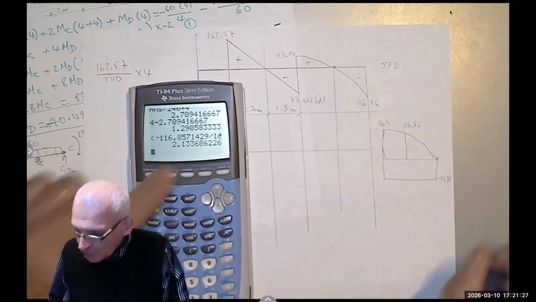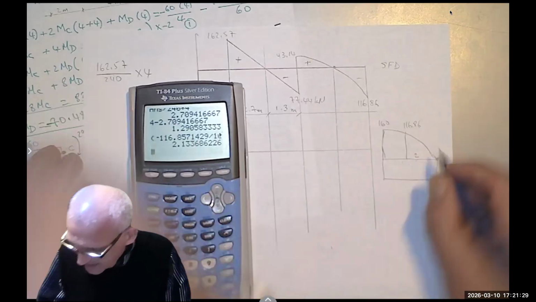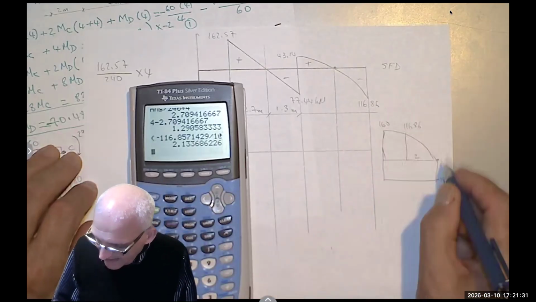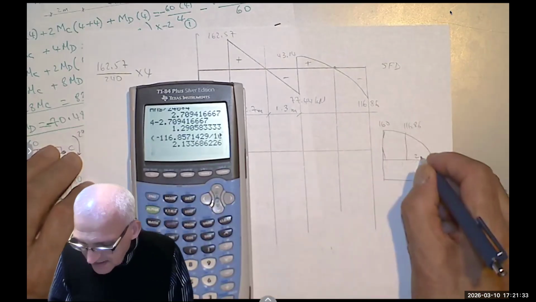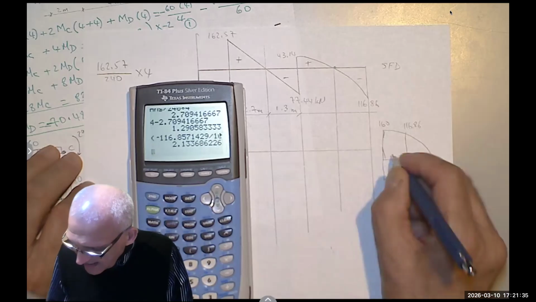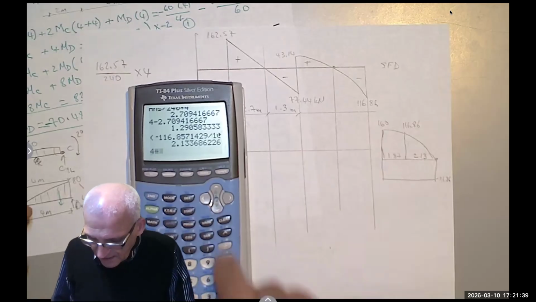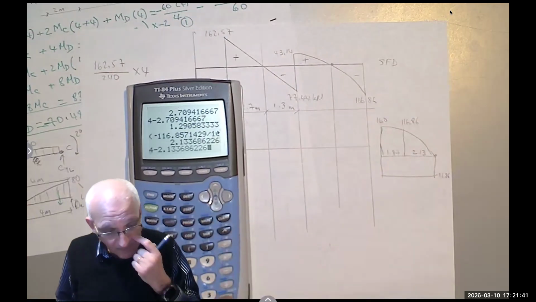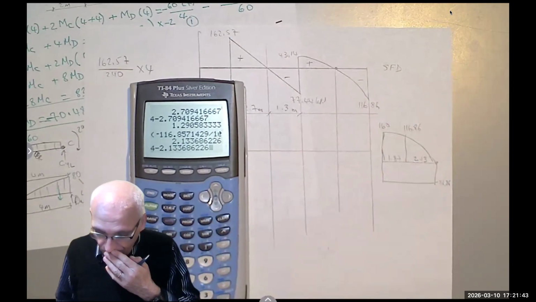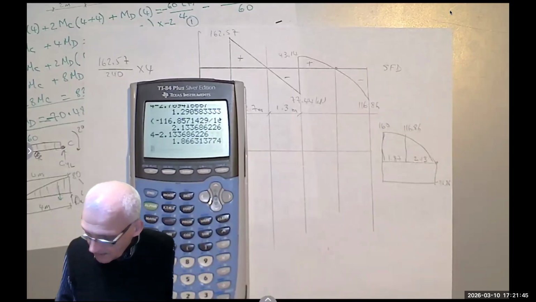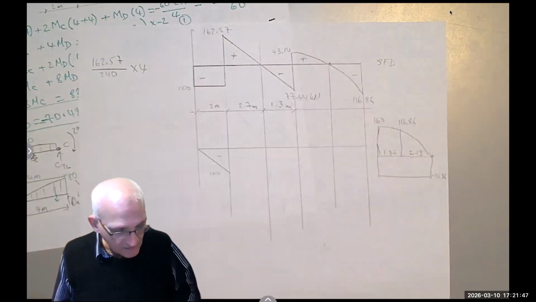And that gives me 2.13. Notice I did this over that, so I get this over that. So this is 2.13, and that would be 1.87 or 1.86 something. 4 minus that is 1.87. Okay.